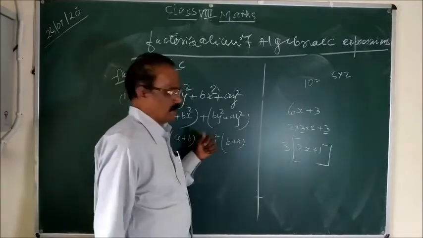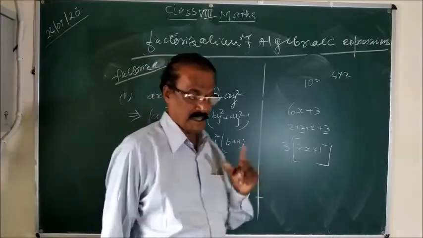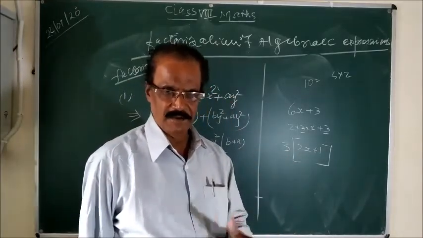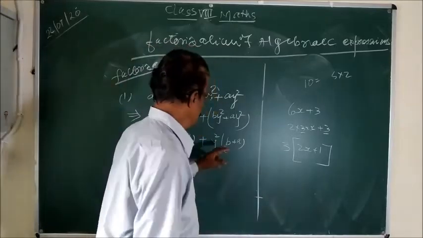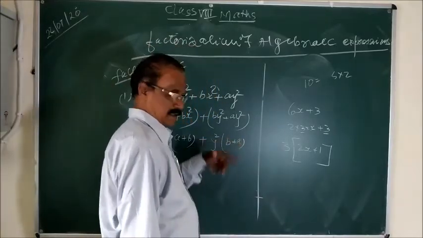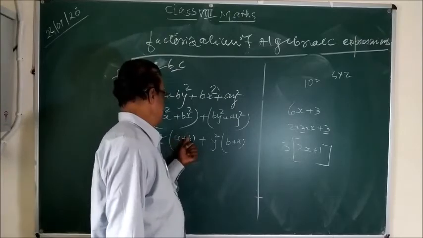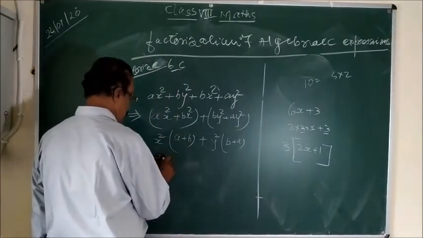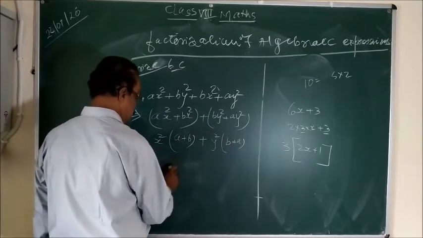b plus a or a plus b, both are the same. 5 plus 6 or 6 plus 5, the values are the same. So here a plus b is common.